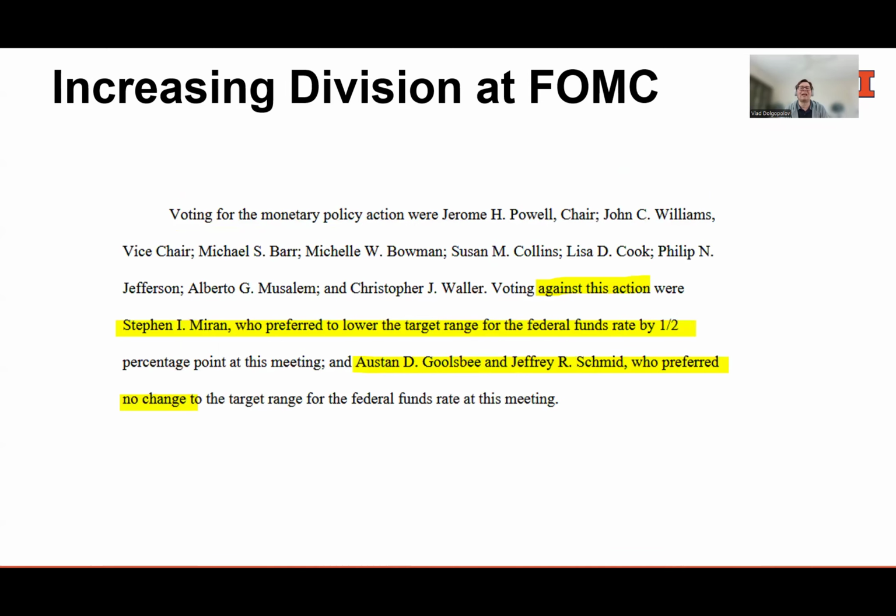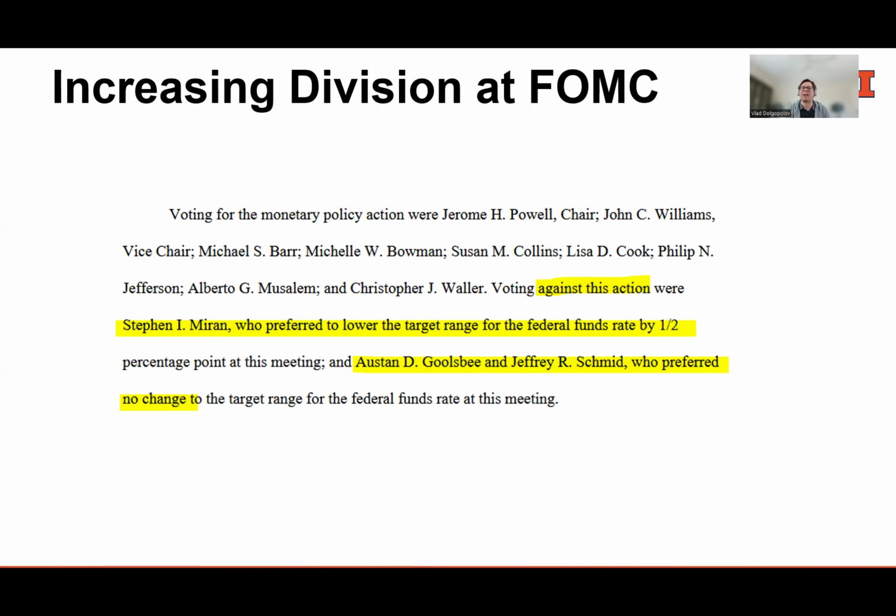And if you look at the composition of votes, out of the 12 members of the committee, 9 are saying, yeah, let's take it down by 25 basis points, by 0.25%. But at the very same time, there is one guy who wants to lower the target range by 0.5 points, right?